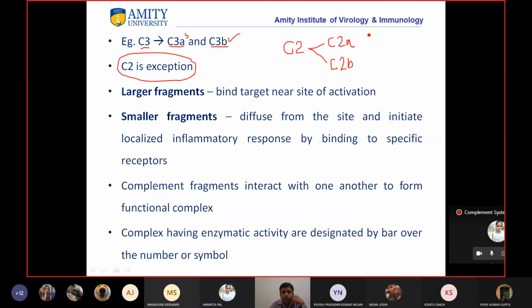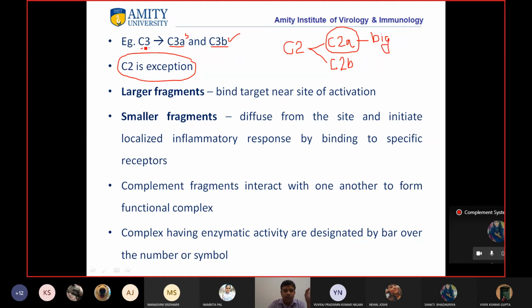C2A. Yes. So just in case of C2, C2A is the bigger fragment. Okay. So it's an exception. It does not follow the rule which others are following.